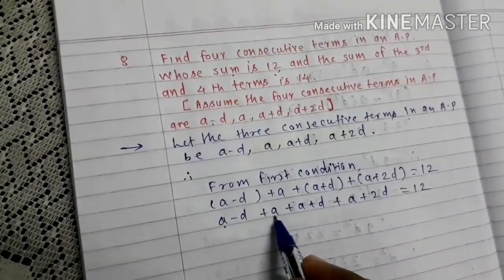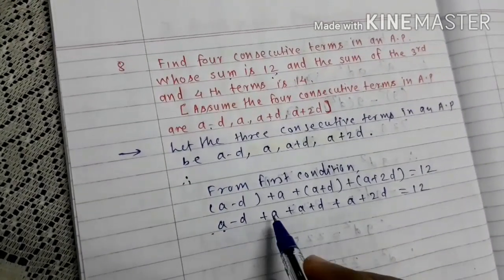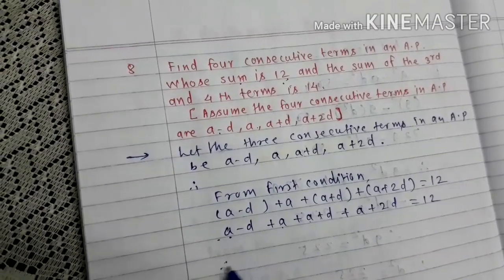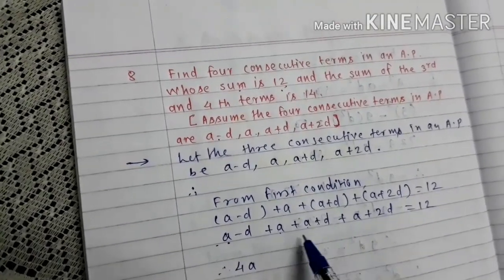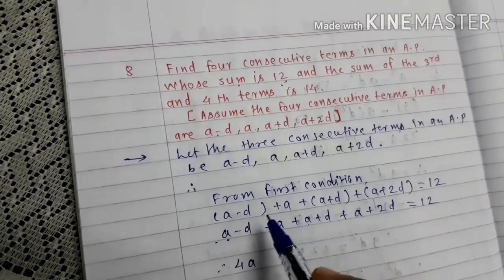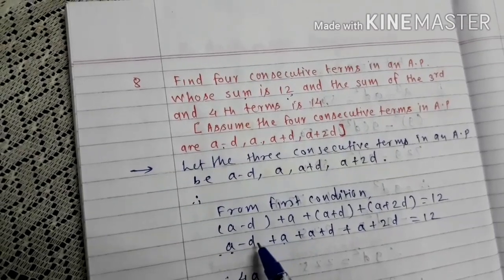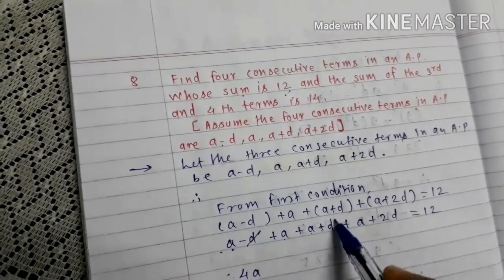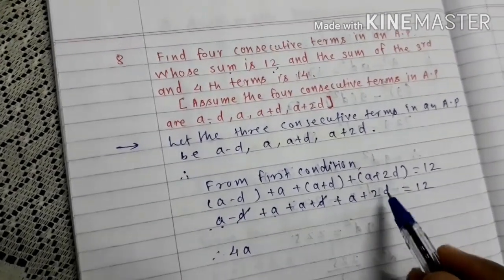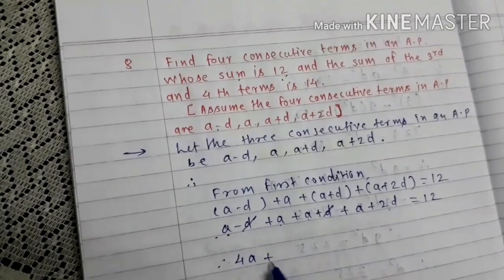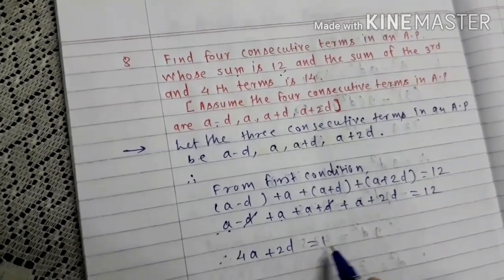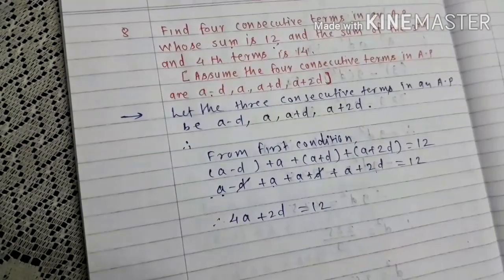So a plus a plus a plus a is 4a. Minus d plus d get cancelled, so plus 2d is equal to 12.